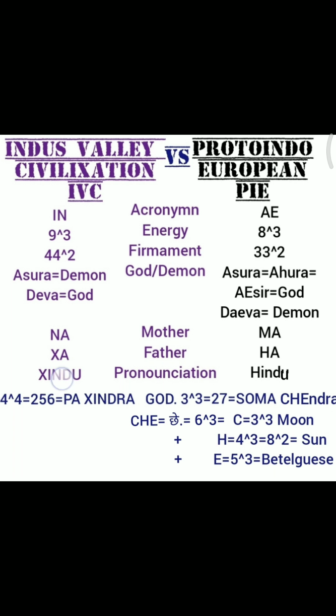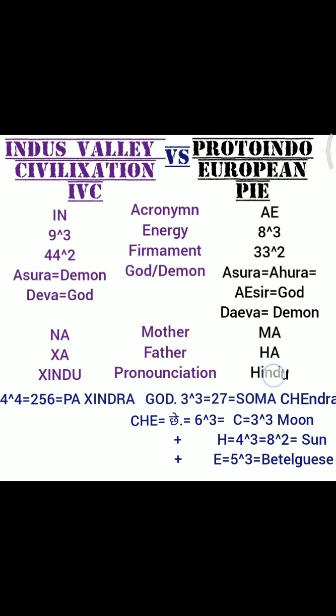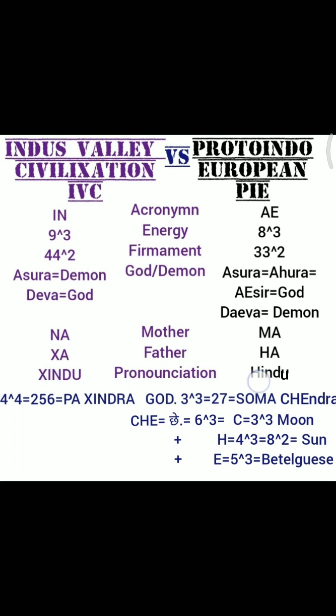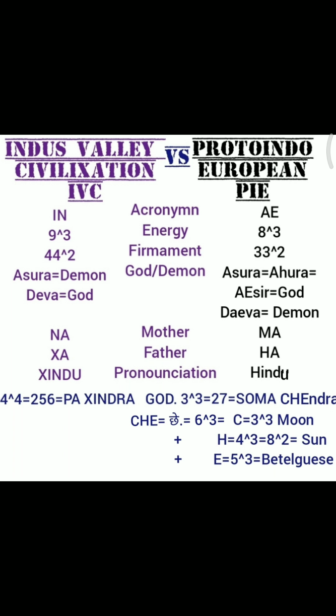It should have been Kshindu. Kshindu was corrupted to Hindu, because X was replaced by H, as Mexico is called Mexico in Spanish. So this became Hindu. But originally, the Indus Valley civilization people were Kshindus, not Hindus.